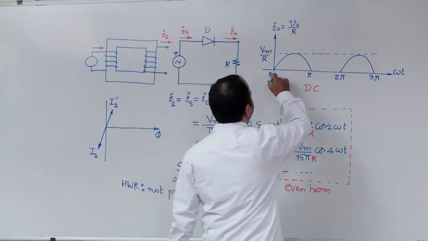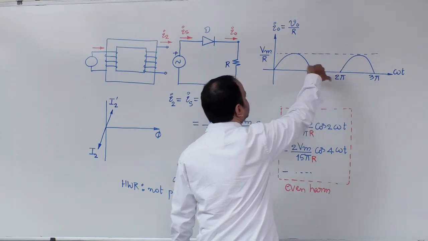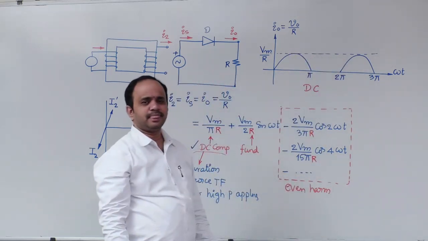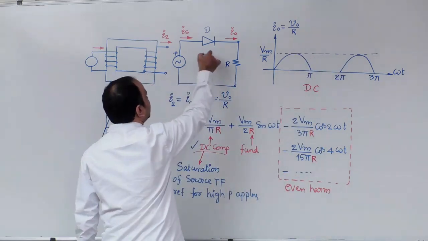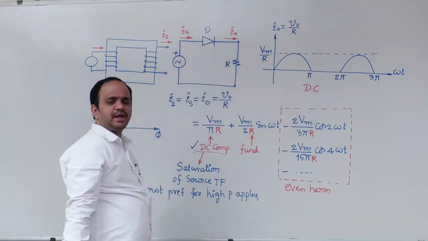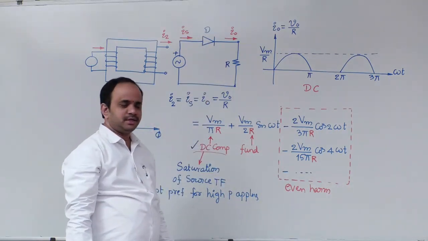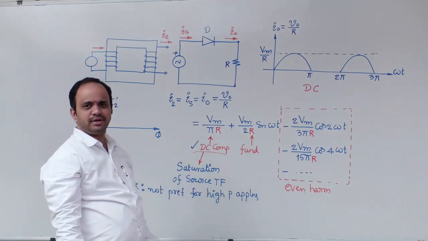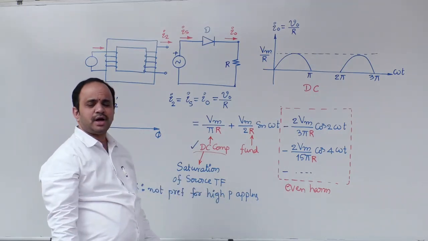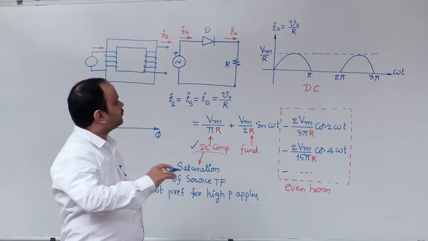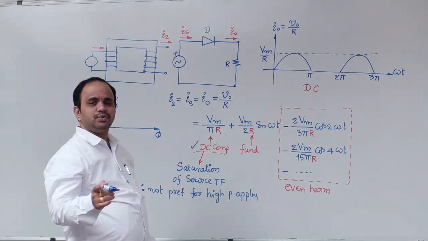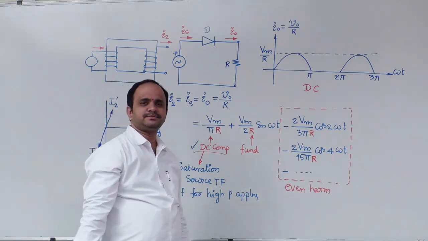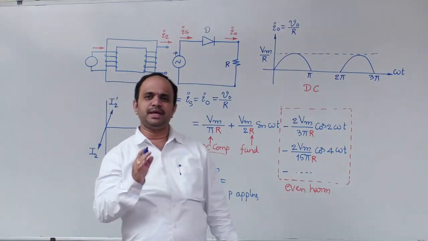That is possible only when the negative half cycle is also present. But as long as you have a single diode in the circuit, we will not have a negative half cycle, isn't it? As long as there is a single diode or single thyristor in the circuit, you cannot create a negative half cycle, right? Therefore, in order to use it in high power applications, DC component should be eliminated.